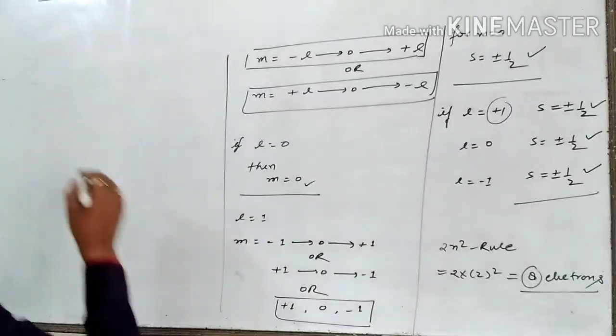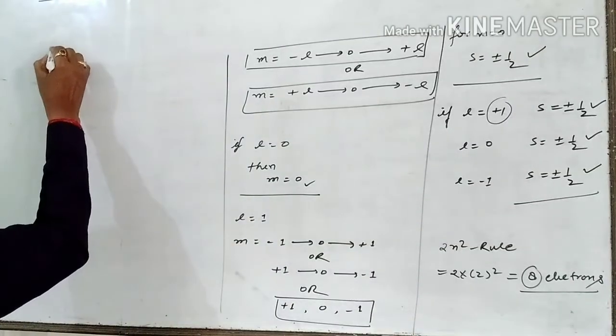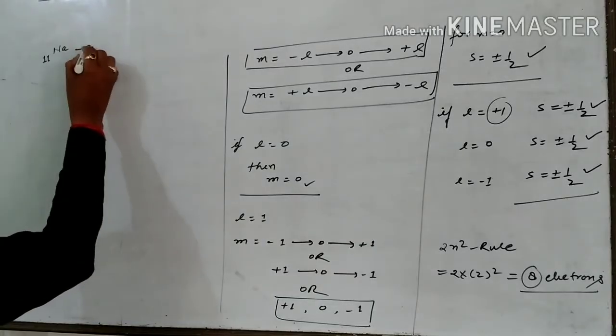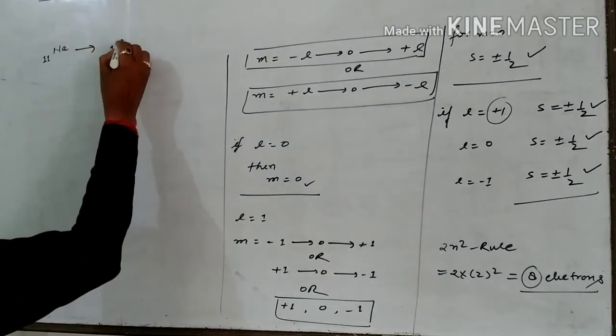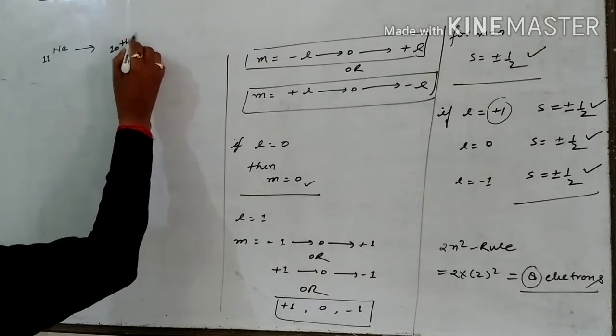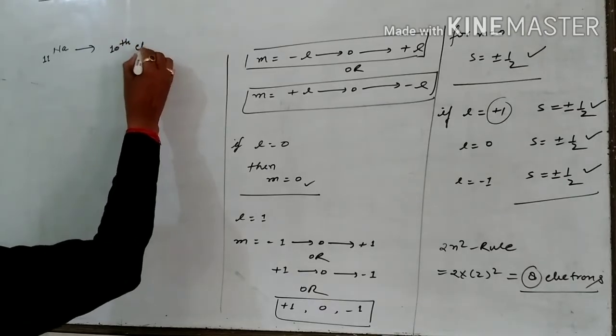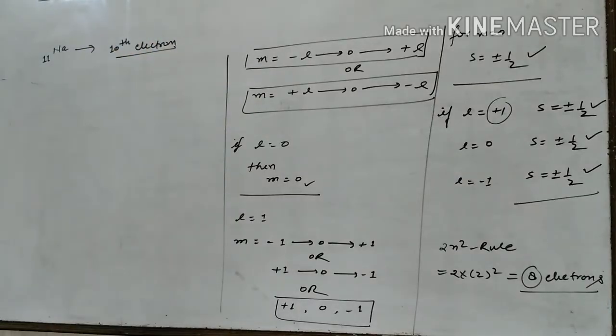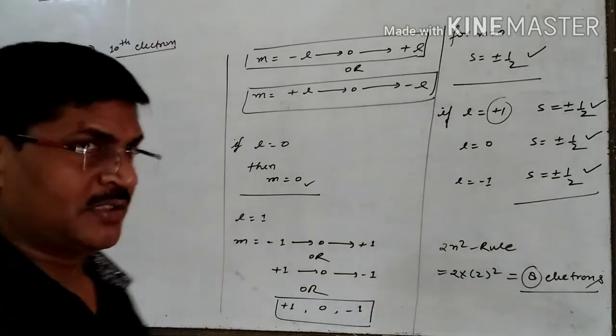Suppose I have taken the atom sodium having atomic number 11, and for this, for the 10th electron, you have to find all the quantum numbers.